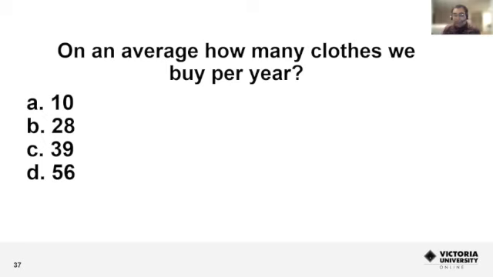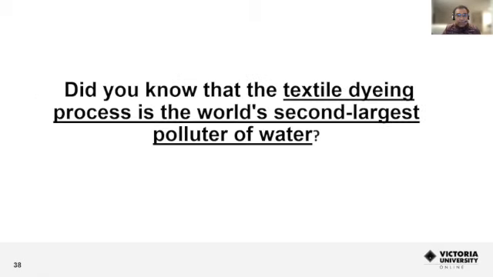I said D, go for 56. D. Anybody else? D. Wow. Anyone else? 39. No, it is 56 actually. I realized that I ended up giving D all the right answers. I should have mixed and matched a little bit. Yes, it is D. So we use about 56 clothes per year.